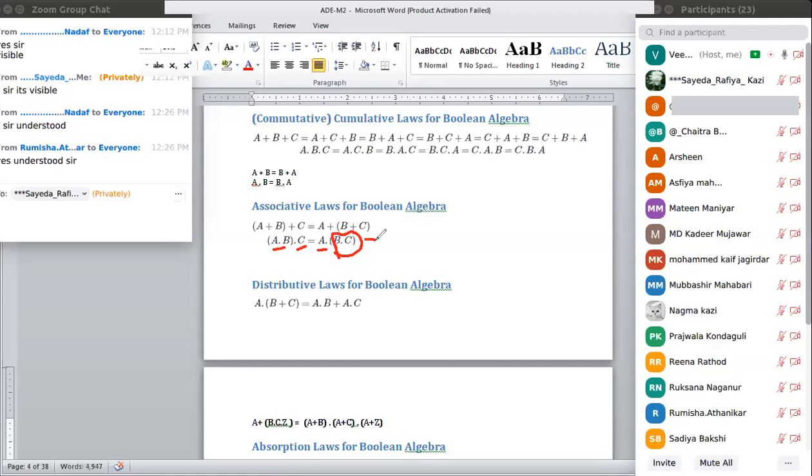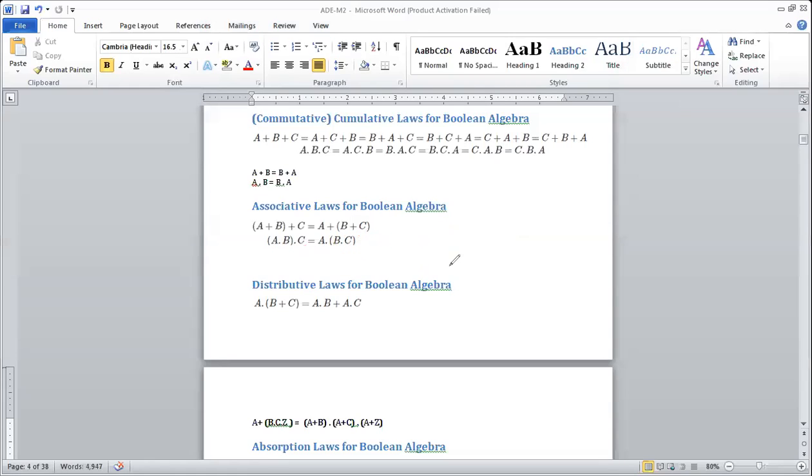Even this I can write as A dot C dot B. Only the association of the groups is being changed here, and that is what is called the associative law, where different variables are associated with each other and with another variable, but still the result is always the same.